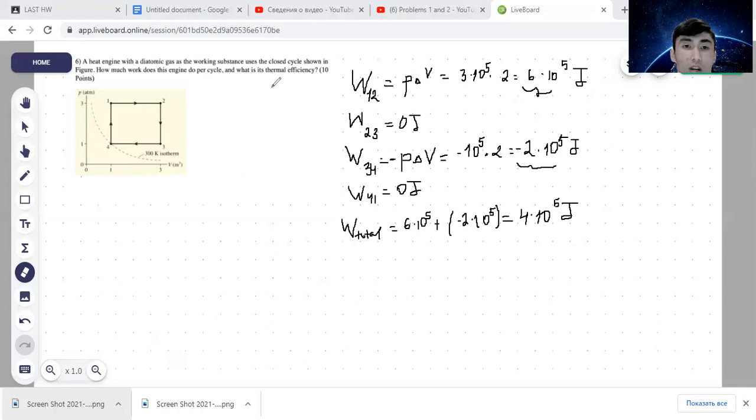The next question is, what is its thermal efficiency? Thermal efficiency means, how can we find it? We can find it as total work divided by Q heat, the heat gained from the hot reservoir, times 100%.